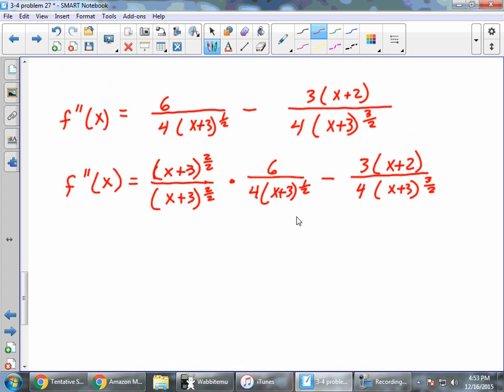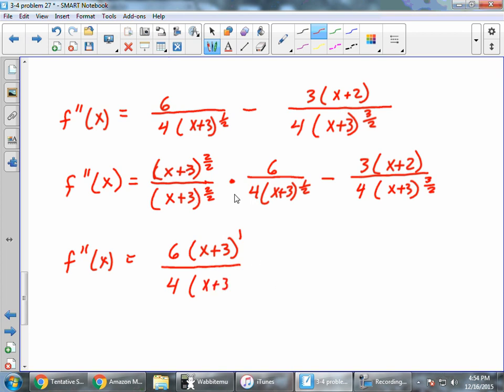Okay, so now that we've done our multiplication here by 1, we have f double prime of x equals 6 times x plus 3. And this is really just the first now. Over 4 times x plus 3.